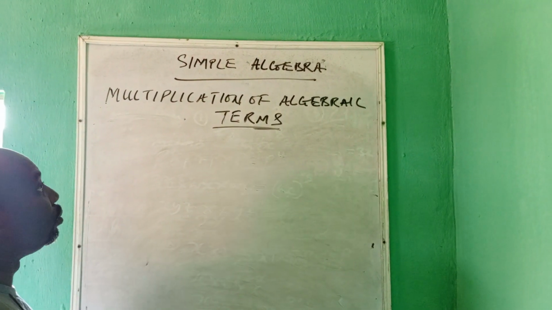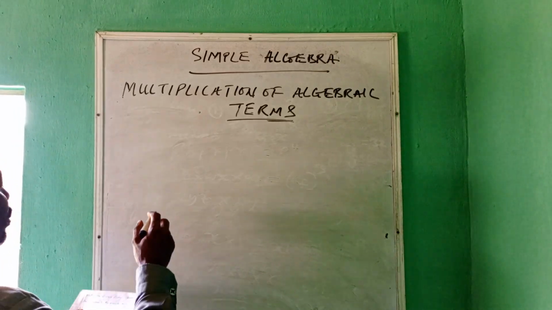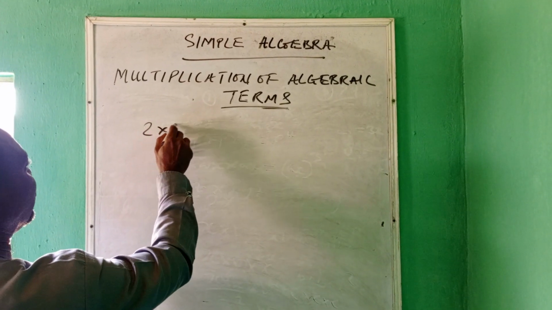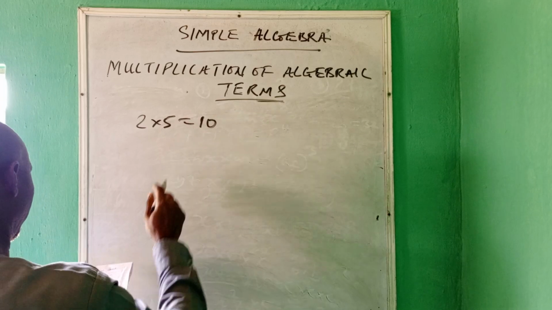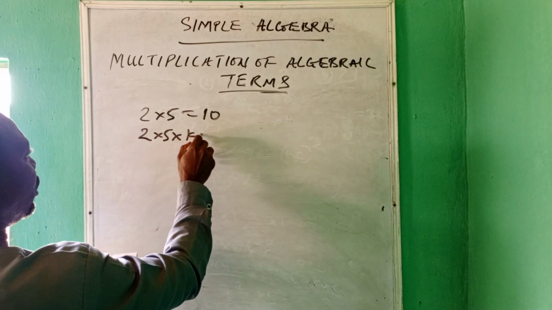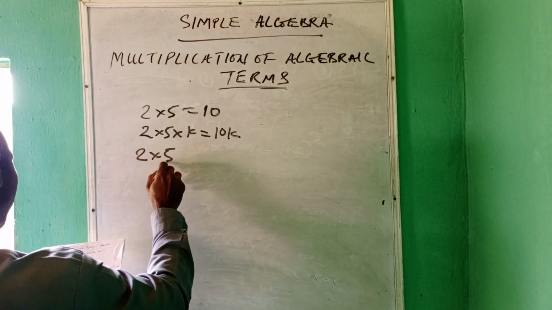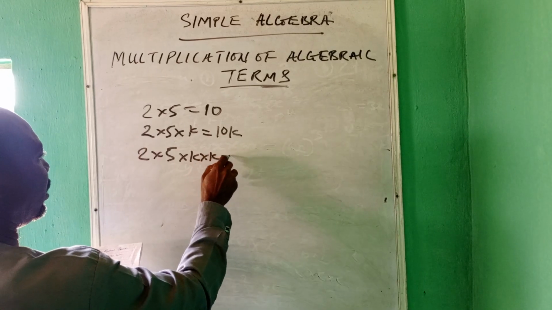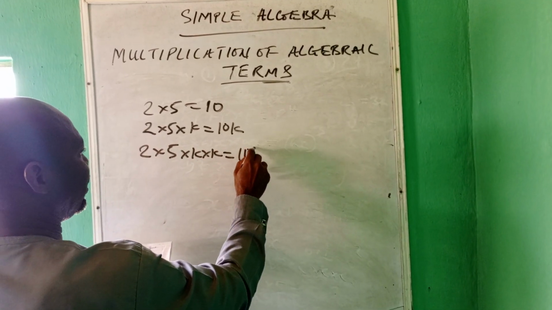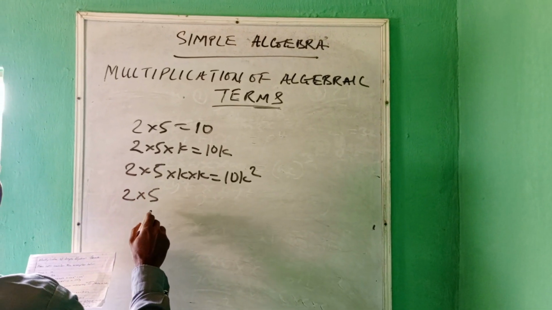Let's enter into what we are doing, the multiplication of algebraic terms. We have 2 times 5 is equal to 10. 2 times 5 times k is equal to 10k. 2 times 5 times k times k is equal to 10k squared. See, it's progressive.